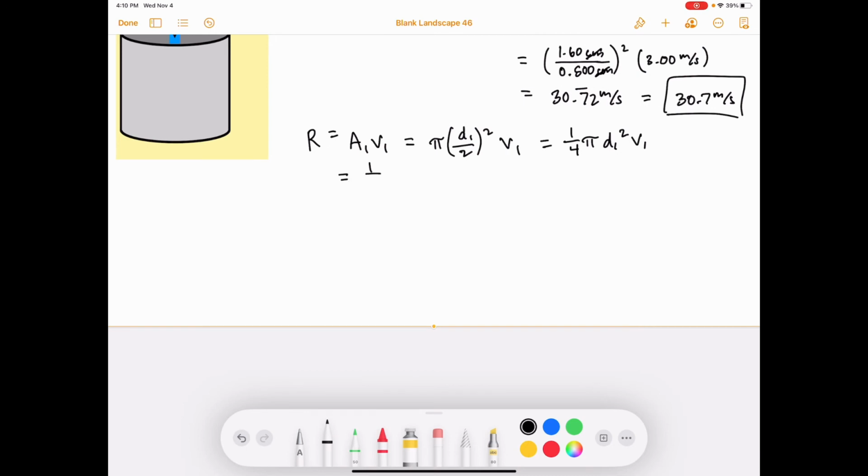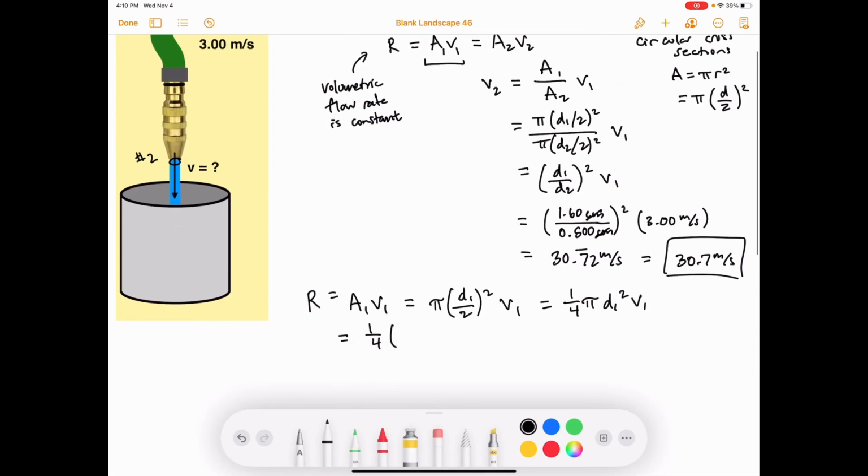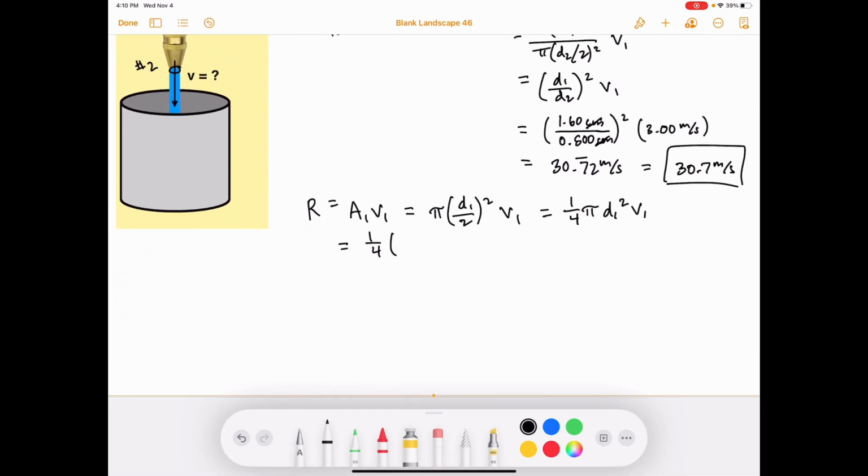So we have 1/4 of, so the diameter at point 1 we were given to be 1.60, and that's in centimeters, and we're going to square that. And then V is 30.7 meters per second.